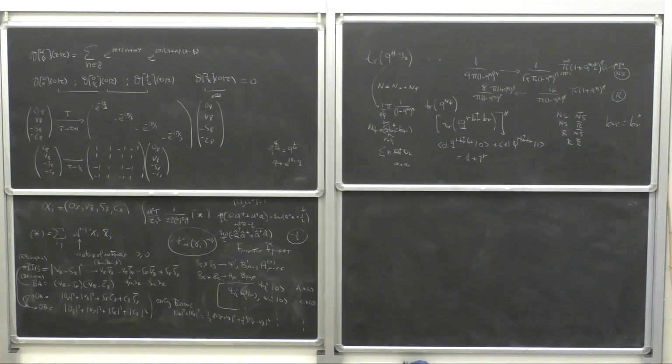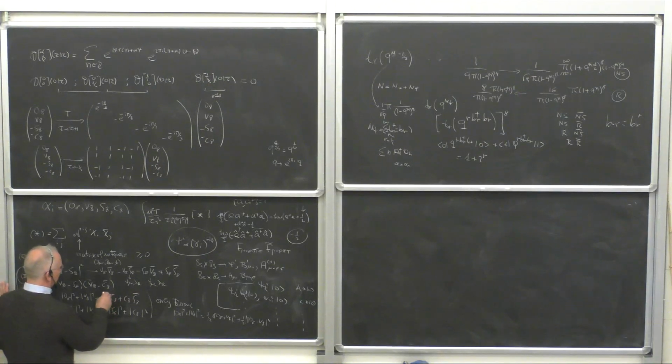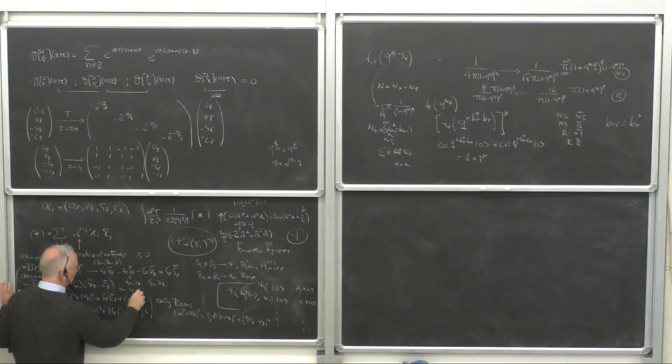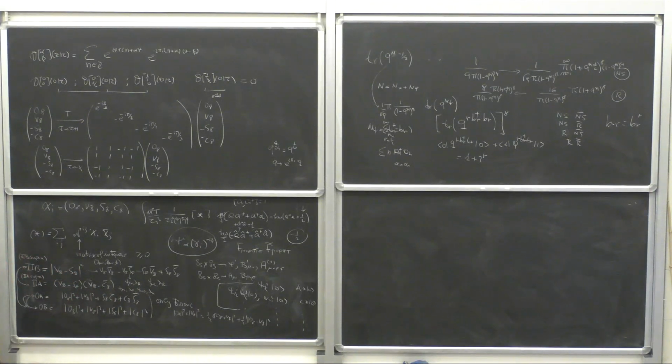Now, I also told you that this other theory has fermions which are non-chiral. So there is a gravitino left and a lambda right. And there is also a gravitino right and a lambda left, due to the different chirality of the Ramond sectors.